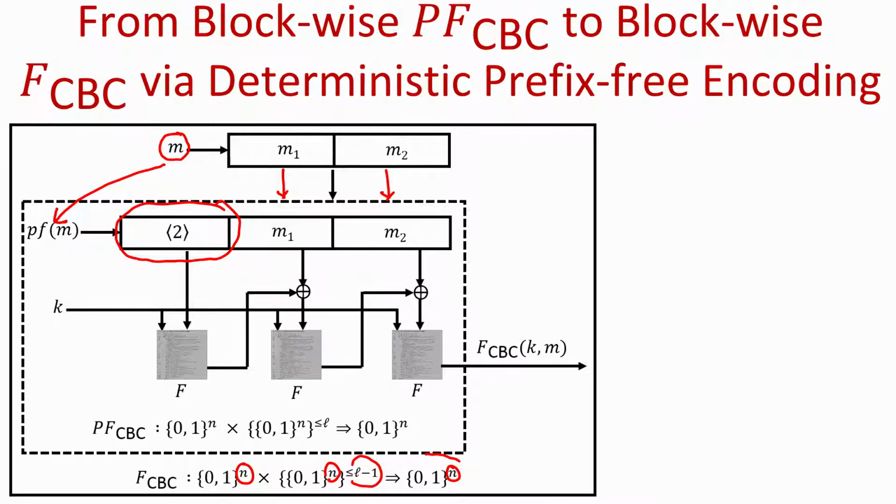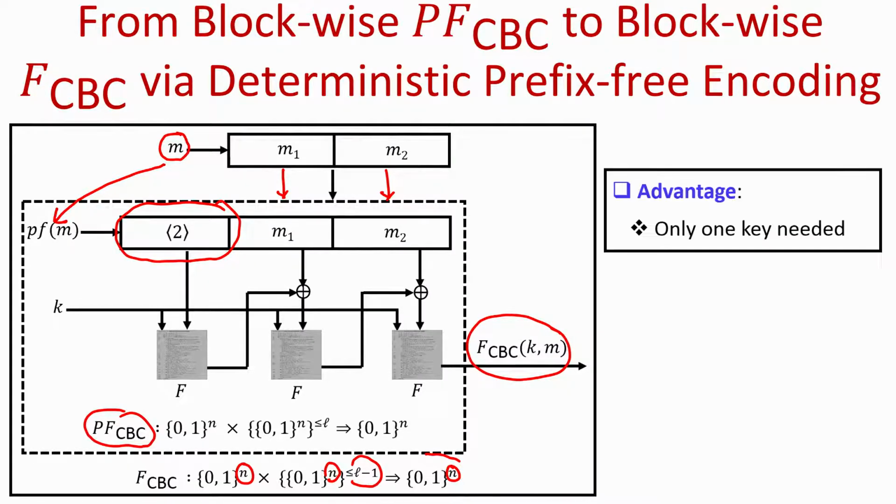So, now we have one more block compared to the number of blocks present in M, and once we have the encoded input, we apply the existing construction, namely the blockwise prefix free secure CBC with the key of size n bits, and the output will be considered as the output of the blockwise fully secure CBC for the message M under the key K, right.